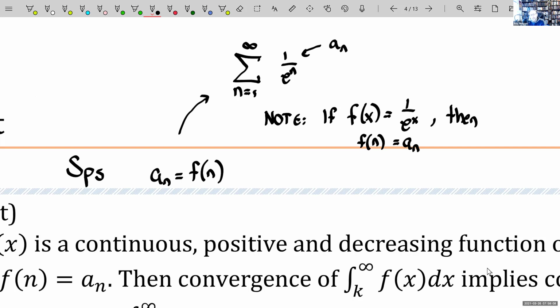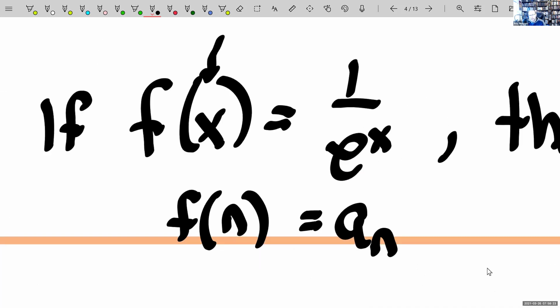So basically, I'm just exchanging x's for n's. That's all I mean when I say that we start with a series and trade it out for a function. Now remember, functions are functions of a continuous variable. X is a continuous variable, whereas n is discrete. Not a big deal, just letting you know.